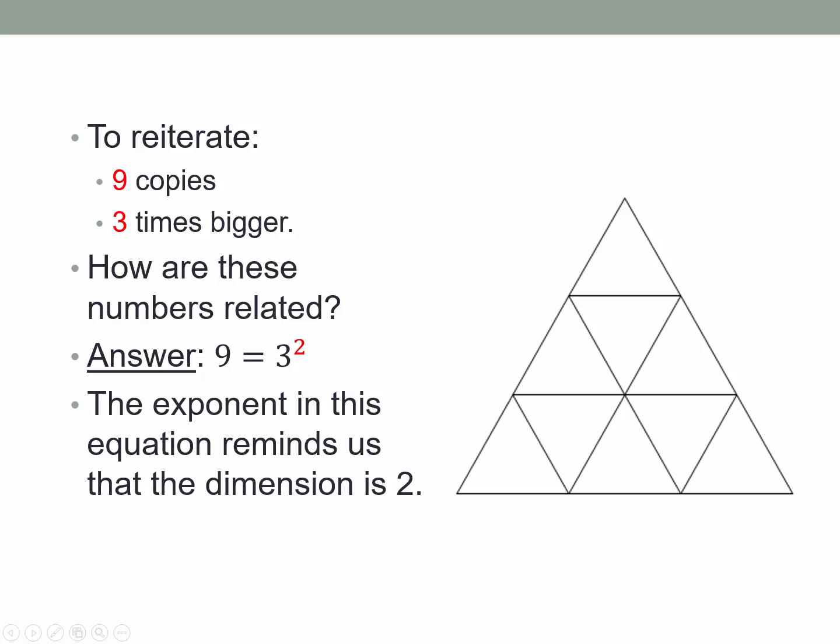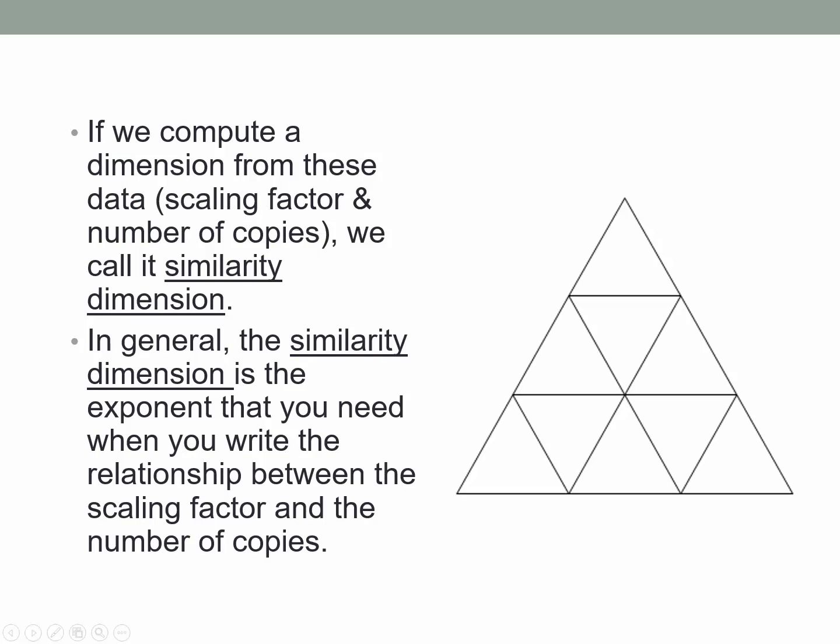Okay, it may seem like a kind of a weird observation, but we can apply it to other sorts of objects. Now let me give a name to this. If we compute a dimension from these 2 data, that is to say from the scaling factor and the number of copies, just as we've done, we call it the similarity dimension.